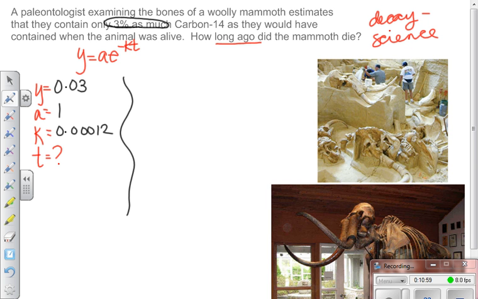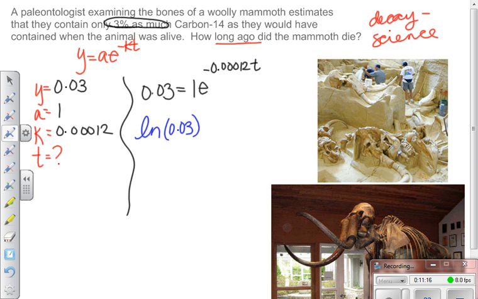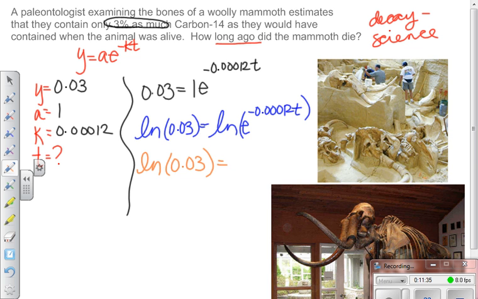So I have 0.03 is equal to 1e to the negative 0.00012t. And our process is going to be basically the same as it was before. I'm going to take the ln of both sides, the exponent in the variable is going to come down front, and this ln of e is going to cancel, and so I will be left with this.